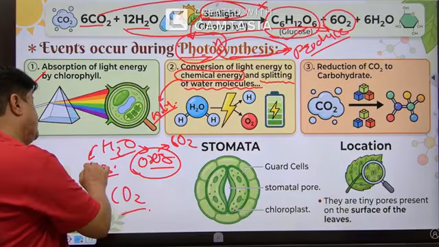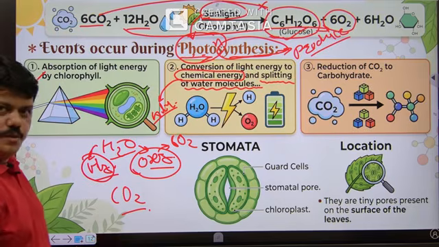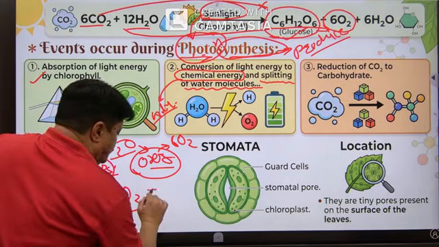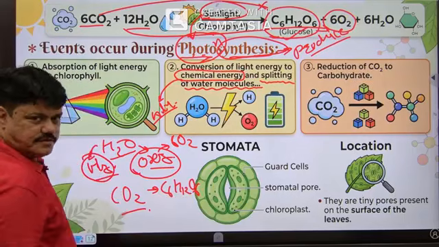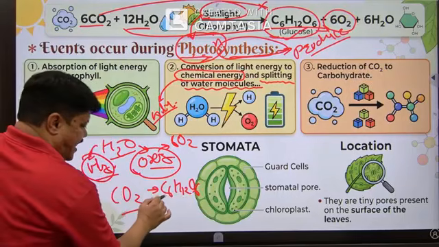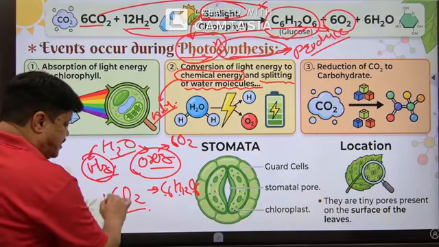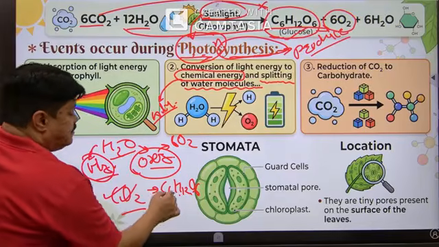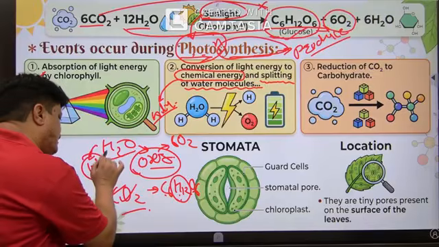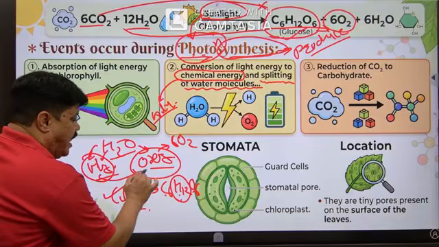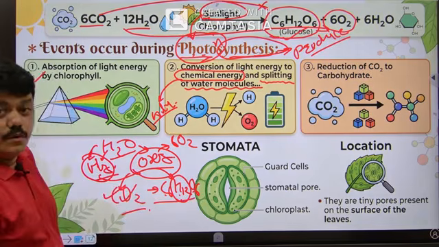Then what about the hydrogen obtained from H2O molecules? We want to produce C6H12O6, that is glucose. We want carbon, hydrogen and oxygen. In CO2, carbon is there, oxygen is there, but no hydrogen. The hydrogen obtained from H2O is added into CO2 to form glucose.